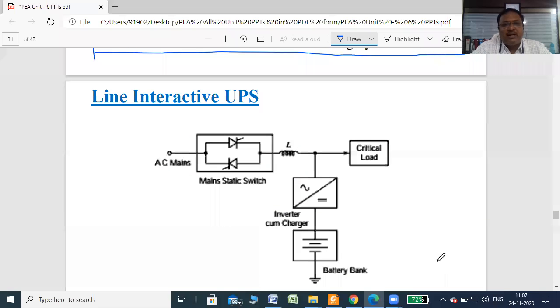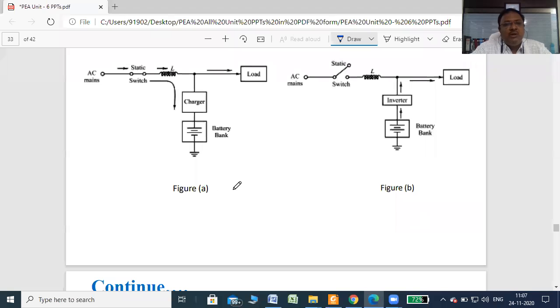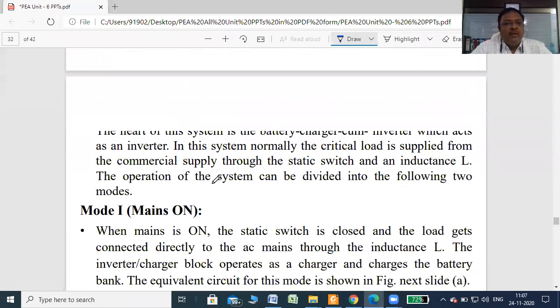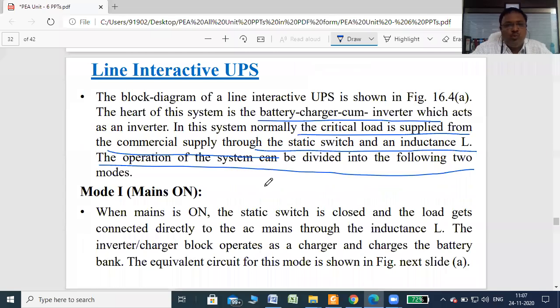Next one is the line interactive UPS. The heart of the system is a battery charger cum inverter, which acts as an inverter. In this system, normally the critical load is supplied from the commercial supply through a static switch and inductance. The operation of this system can be divided into two modes.